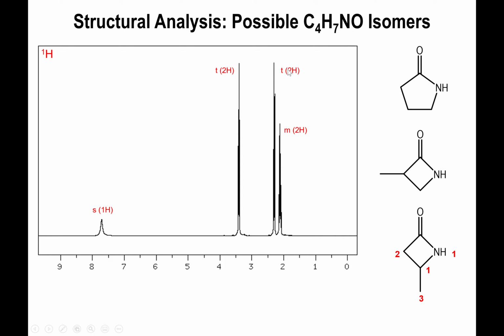This integrates to 2, 2, and 2. So you should have a CH2, a CH2, and a CH2, all different from each other. This doesn't fit the bill, so it's gone. Similarly, this structure has a CH2 down here, but over there we have a CH and a CH3. So this doesn't work. 3 hydrogens, 1 hydrogen, 2 hydrogens, this cannot be the structure.